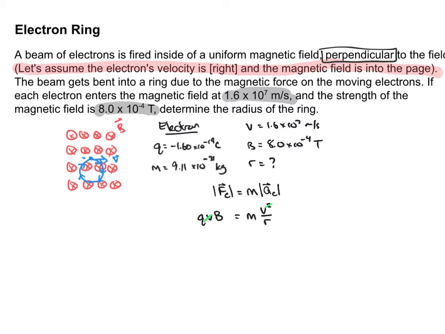And rearranging for r will leave me with mv over qB. So what you'll find is a lot of these problems today, this is the formula that's going to be used, and they just ask you to rearrange for one thing or another. In this case, they're asking us to rearrange for r.